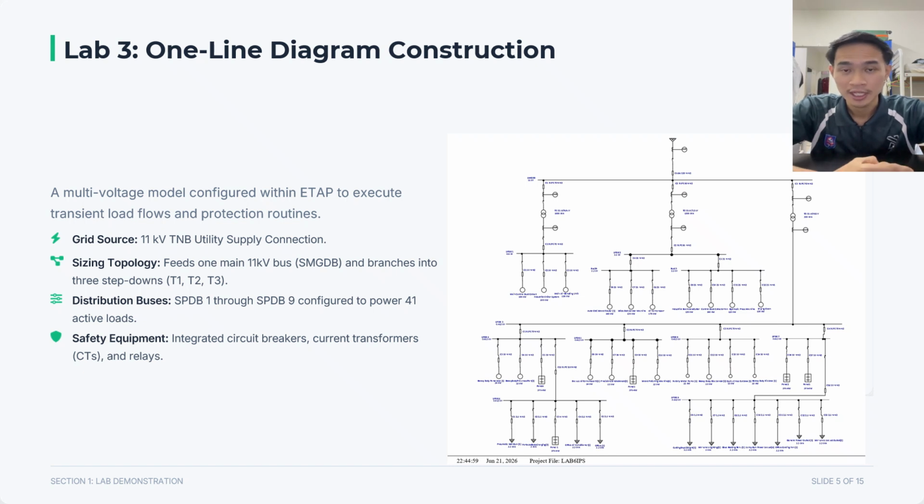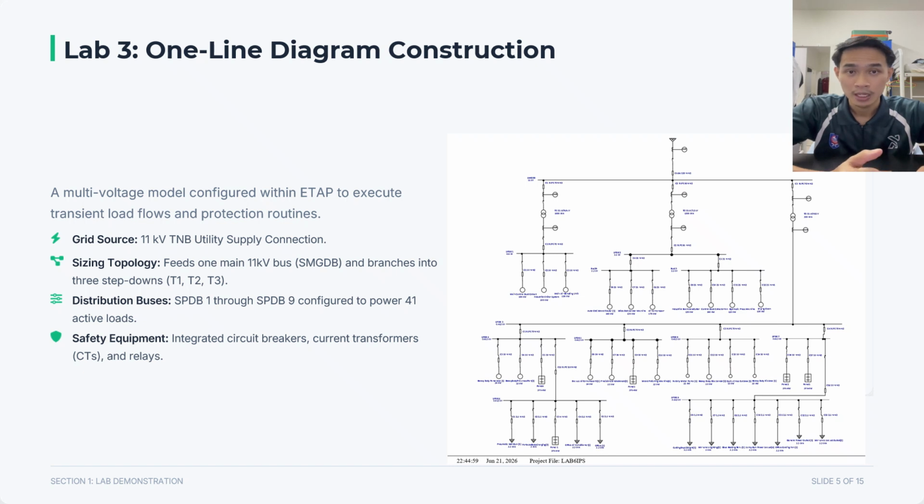In Lab 3, we designed the complete one-line diagram, as we can see in the slide, using IPS software. The diagram includes the utility supply from TNB at 11 kV. After that, the 3 transformers, the main bus at 11 kV, distribution buses from SPDB 1 to SPDB 9, and then 41 loads including motors, lighting, and office equipment, and also appropriately sized cables and protection devices such as circuit breakers and relays.